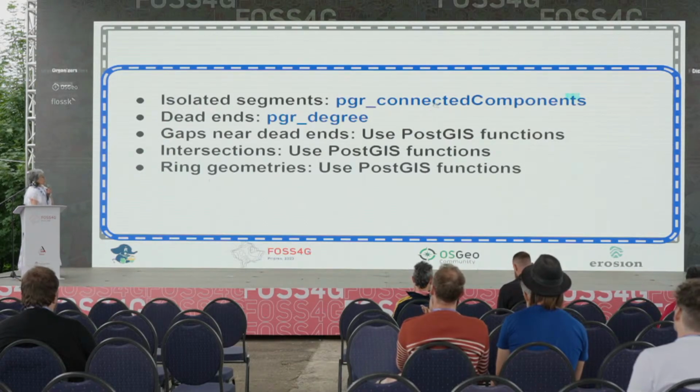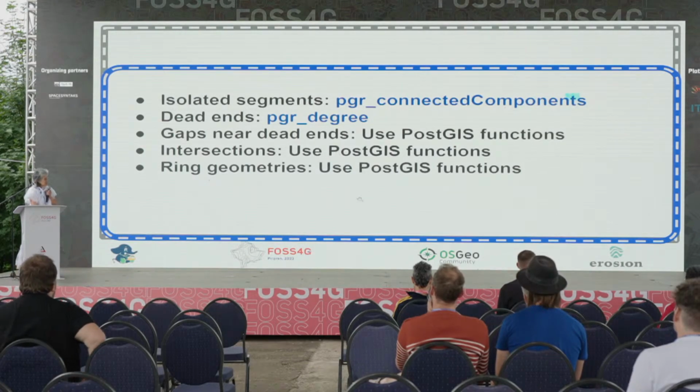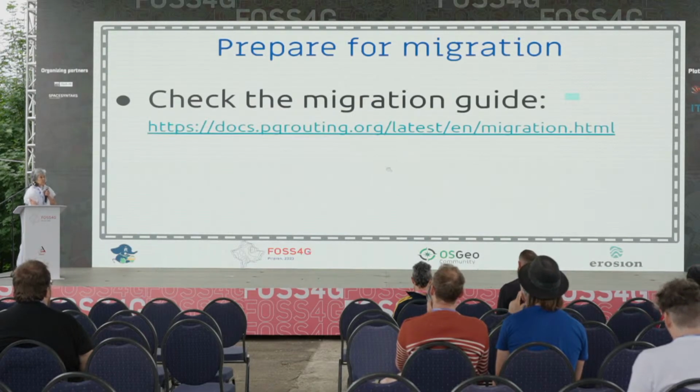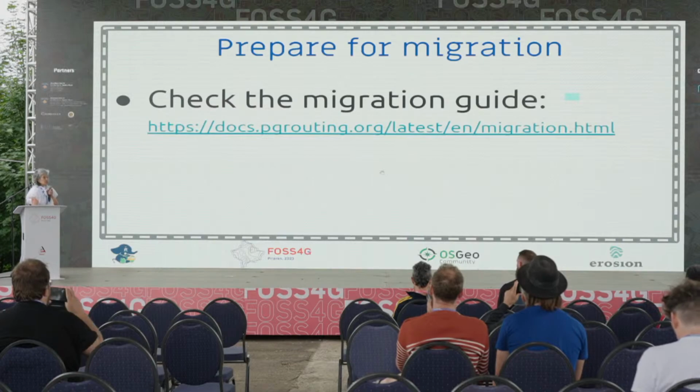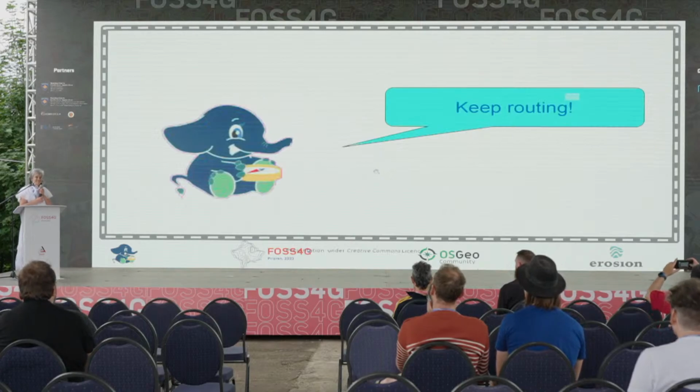You can use connected components, this new function, or any of the PostGIS functions. And you have a migration guide that you can always check since we started making these changes. So there is a migration guide. And keep on routing.